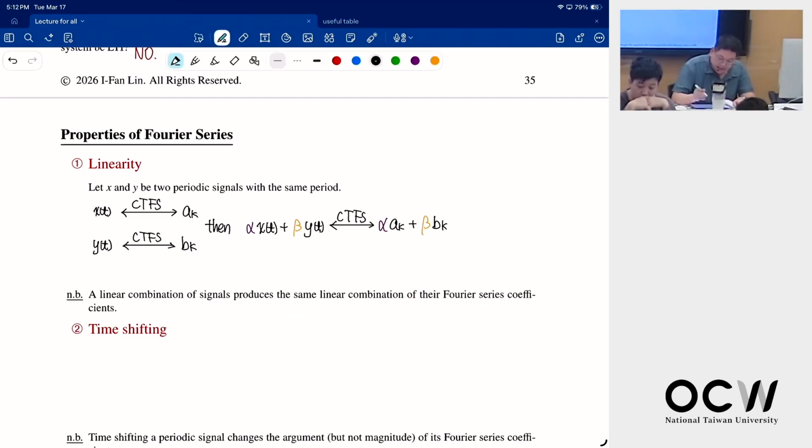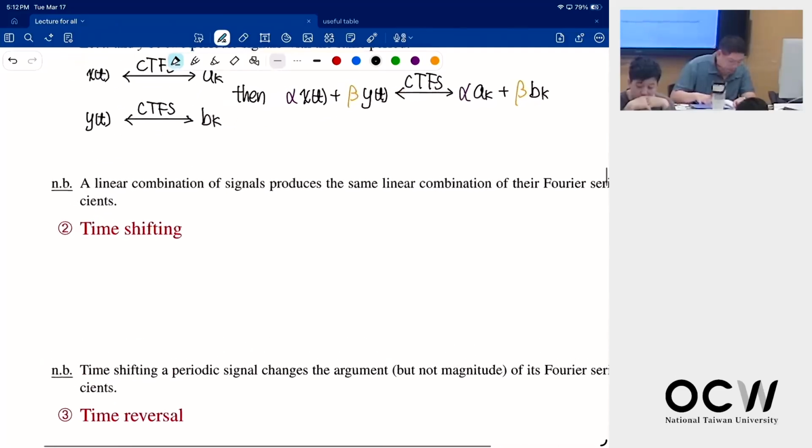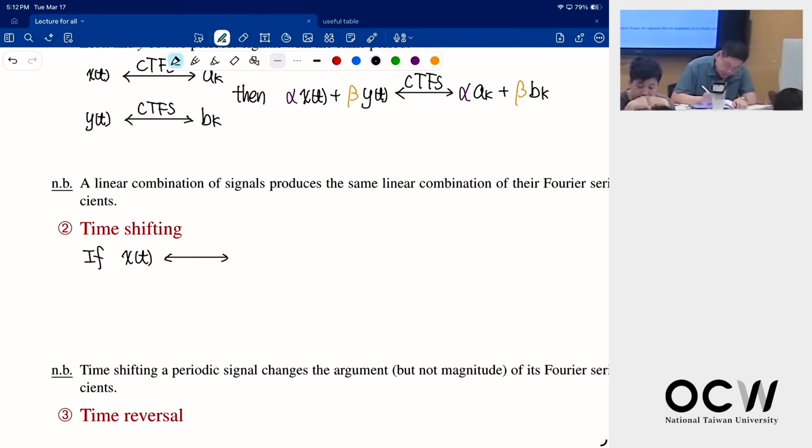And for the time shifting, if the coefficient for x is c_k, then if I shift, I have a time delay, t minus t naught.